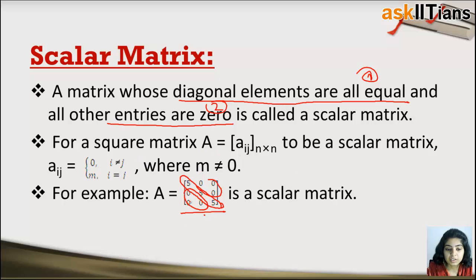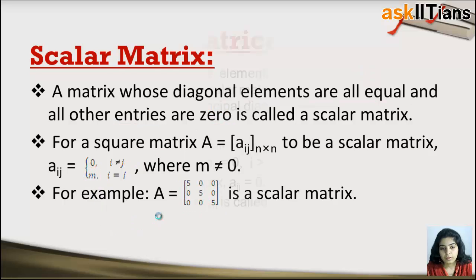So mathematically we can write it as aij is equal to 0 when i is not equal to j, that is, the non-diagonal elements have to be zeros, while the diagonal elements have to be any constant but the same. All the diagonal elements should be the same.